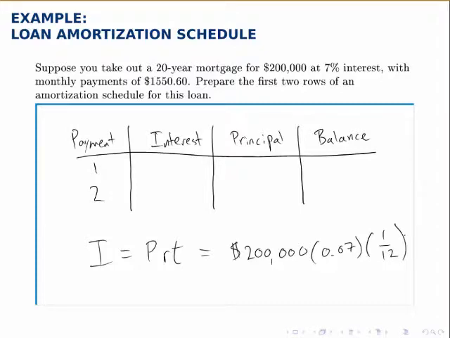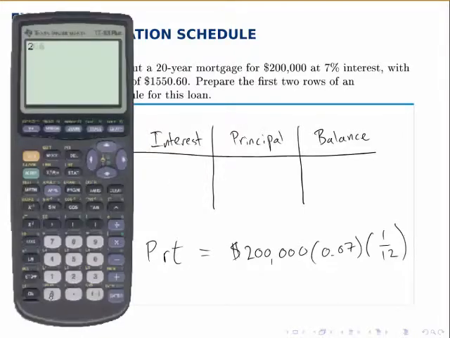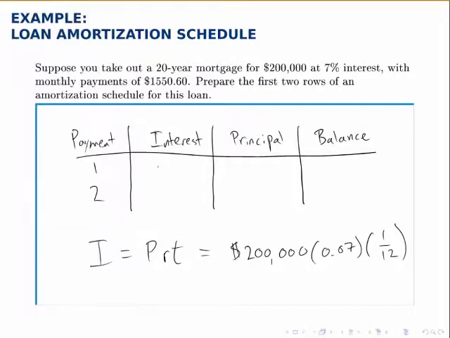So the interest for the first month is 200,000 times 0.07 times 1/12. Calculating that, we type in 200,000 times 0.07 divided by 12, which is the same as multiplying by 1/12. And we find that the interest for the first payment is $1,166.67 if we round it off.